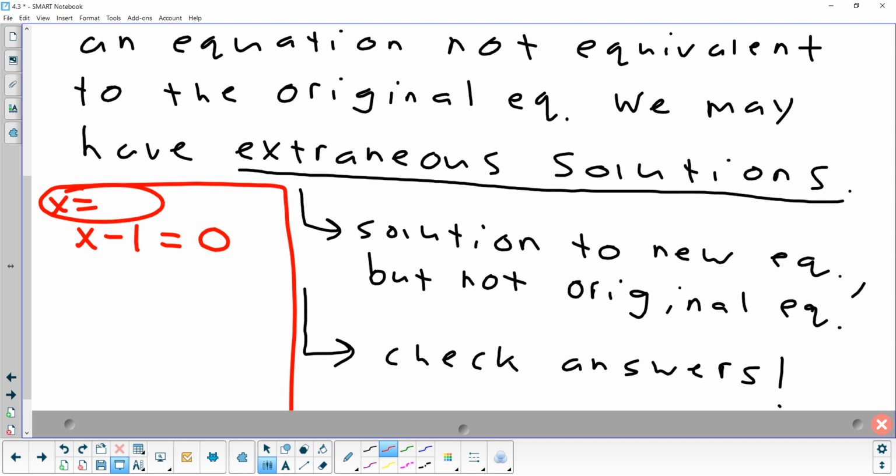So if you plug it in, 1 minus 1 equals 0. Does everybody agree that 1 is the answer? Is there anything else there that you could plug in for x and it would work?